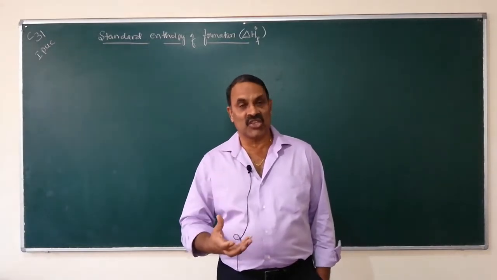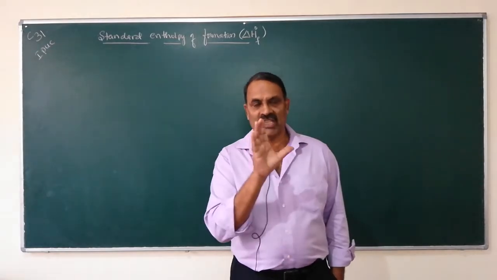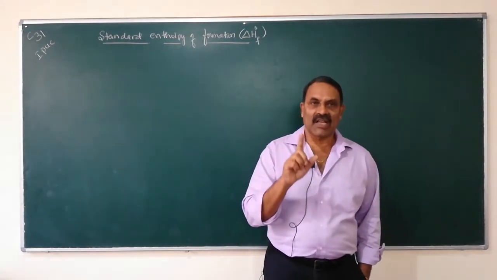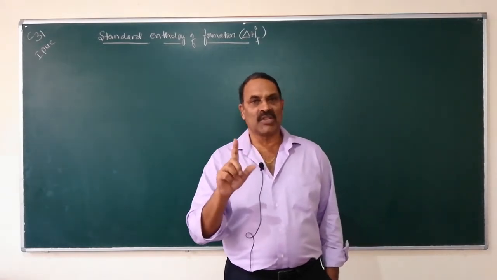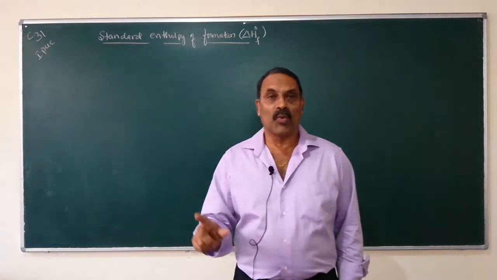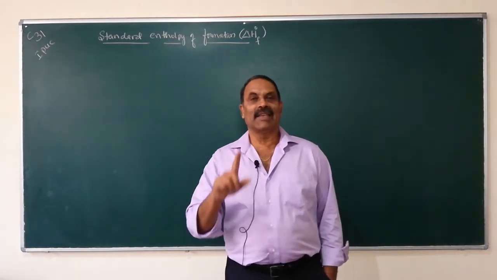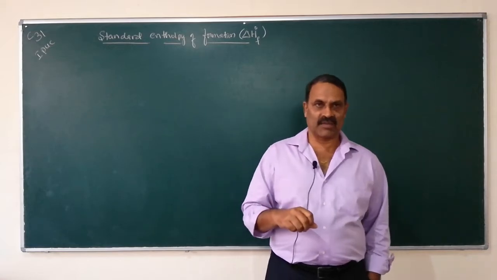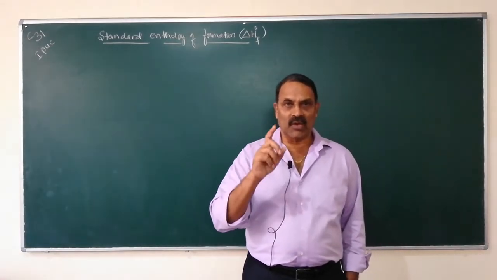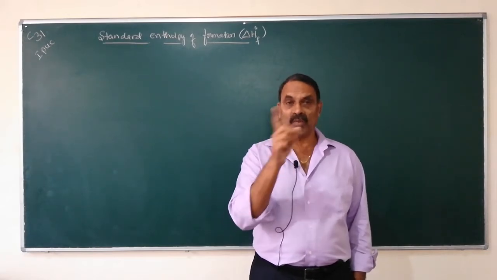What is the definition? It is the enthalpy change produced when 1 mole of compound is formed from its elements in their standard state. So, the amount of heat absorbed or liberated when 1 mole of compound is formed from its elements.